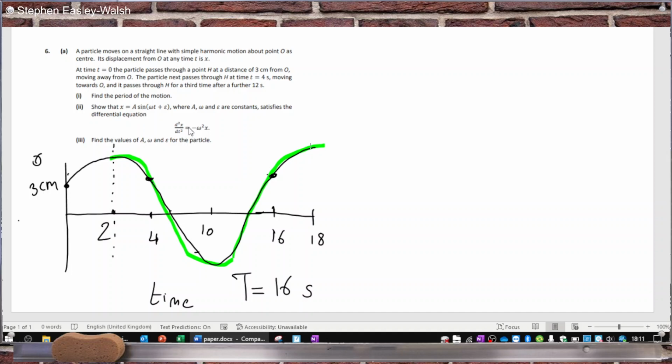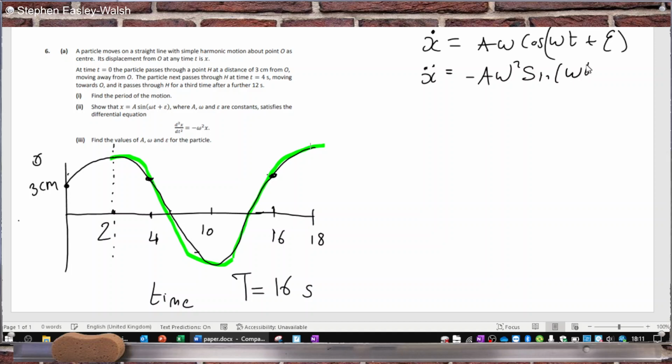Show that that formula satisfies that equation, though that's fine. You can calculate the first derivative, and that would be a omega cos(omega t plus epsilon). Then calculate the second derivative, which will be minus a omega squared sin(omega t plus epsilon).